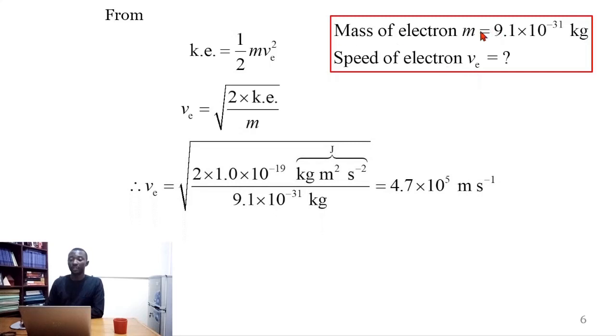So we substitute the mass here, and the kinetic energy which we found in the first part of the question. 2 times the kinetic energy, we write this in terms of kg meter squared per second squared, that represents joules, and divide by the mass of the electron, which gives 4.7 times 10 to the power of 5 meter per second.